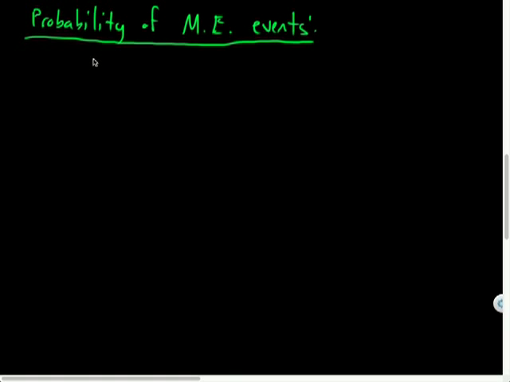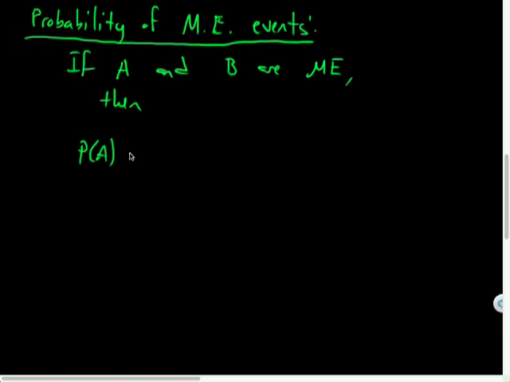So if A and B are mutually exclusive, then I guess I could throw an if in there. I might as well try to write some sort of a sentence, even though I'm a mathematician. If A and B are mutually exclusive, then the probability of A or B, sorry, occurring is equal to the probability of A plus the probability of B.